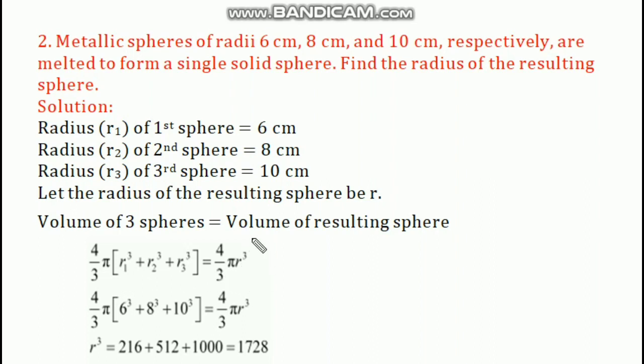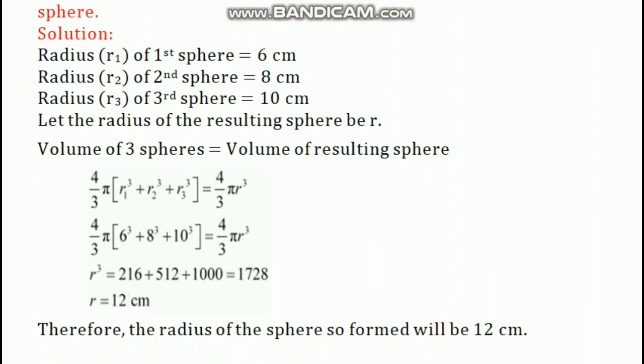Then substitute the values here: 6 cube plus 8 cube plus 10 cube. Here 4 by 3 and 4 by 3 will be cancelled, and pi also cancels. Then find 6 cube. 6 cube is 216, 8 cube is 512, 10 cube is 1000.